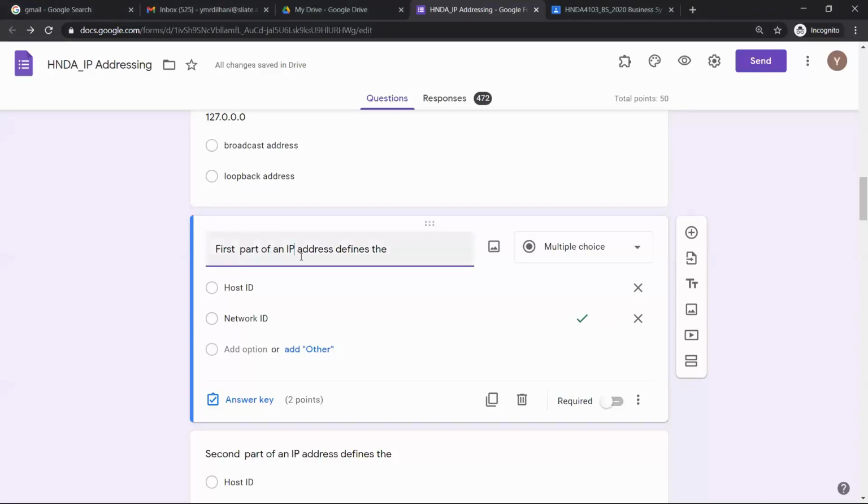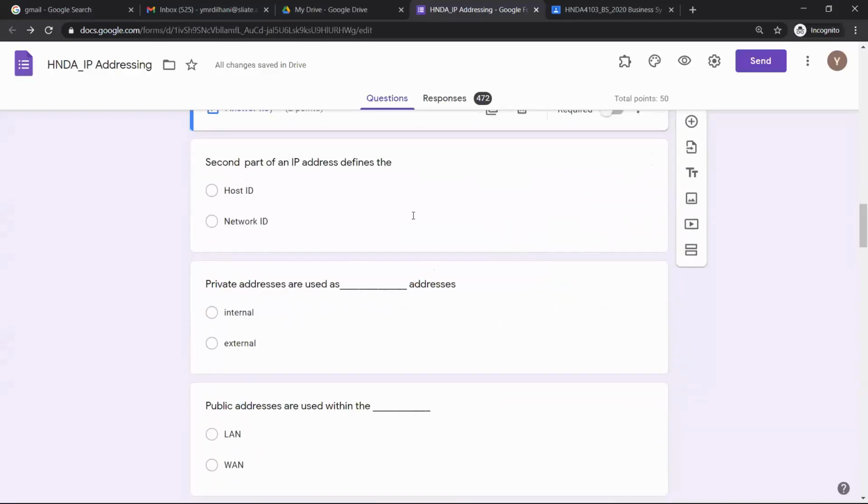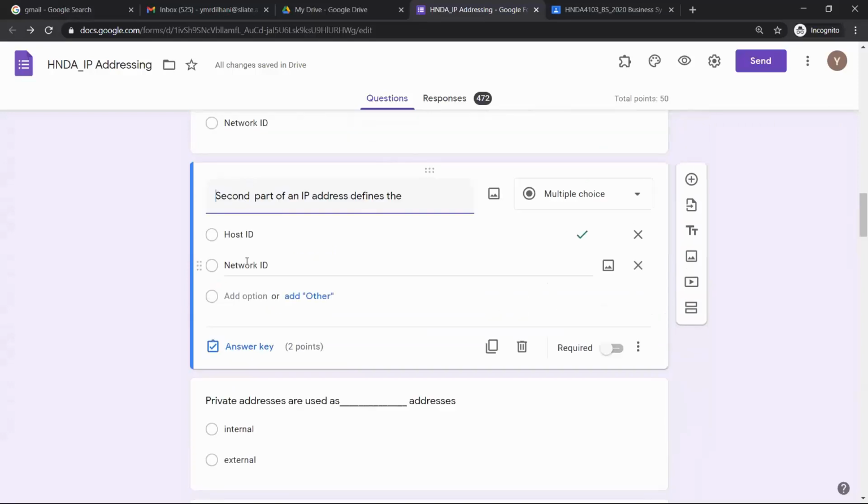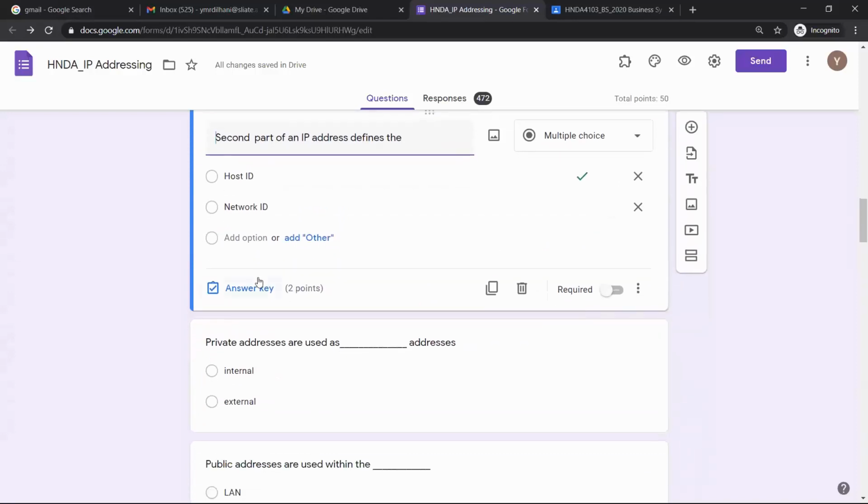First part of an IP address defines the network ID, right? So network ID is defined by the first part of an IP address. The same way, second part of an IP address defines host address. So host is the second part, network is the first part.